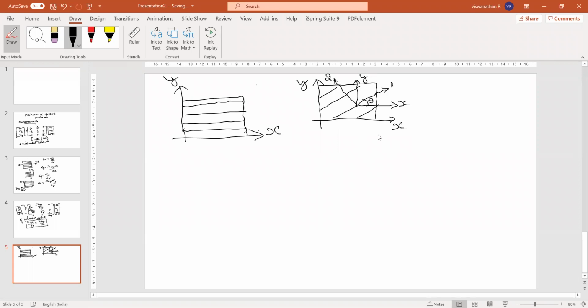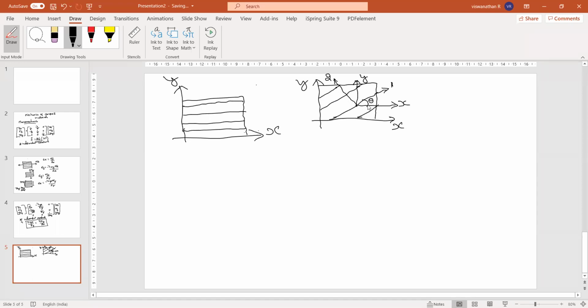Can somebody tell me what is 1 and 2? No, we have not applied load anywhere. What are these lines?